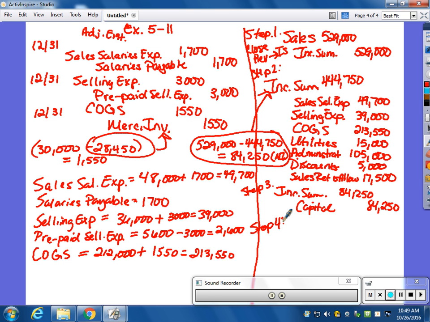You debit capital, because you are decreasing capital. I'm sorry, you debit capital and you credit withdrawals, because the normal side of withdrawals is what? Debit.